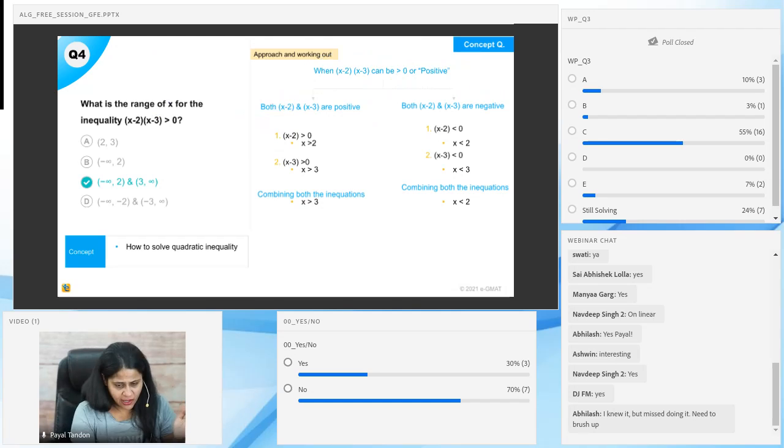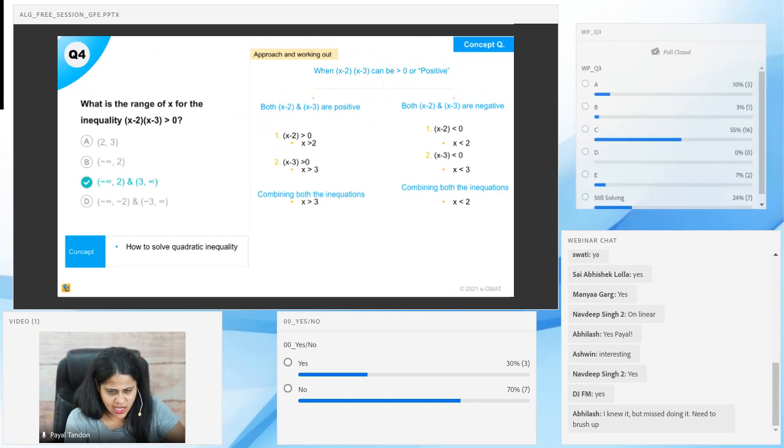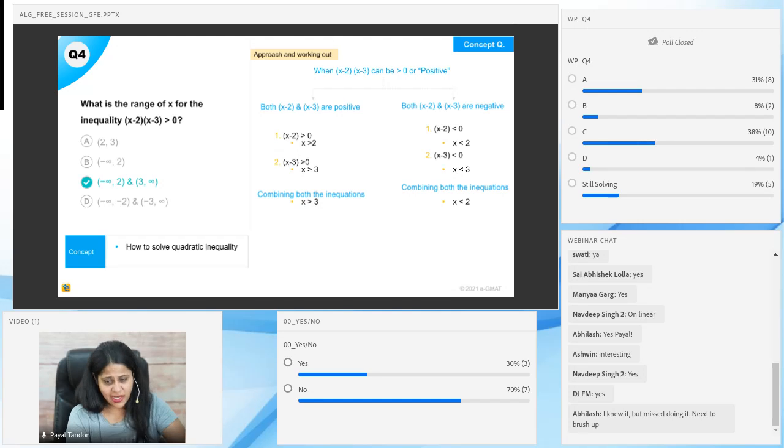Now over here, this is the quadratic inequality, and again the accuracy here was, let's see, 38%. Now, a number of you selected choice A, which means that you have to build your ability here.